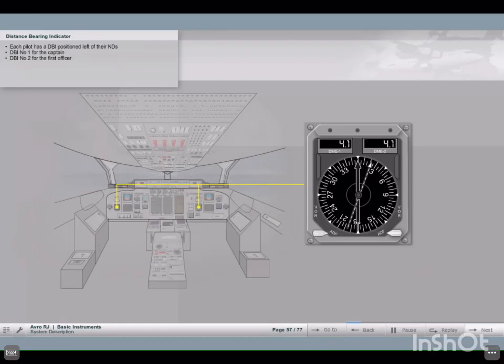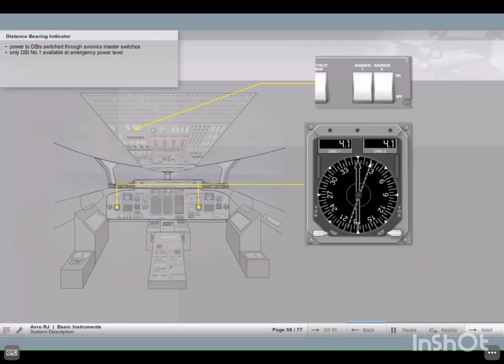Each pilot has a DBI positioned to the left of their NDs, DBI number 1 for the captain and DBI number 2 for the first officer. Power to the instruments is switched through the avionics master switches. Only DBI number 1 is available at the emergency power level.